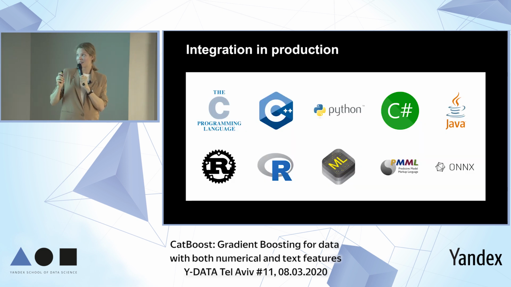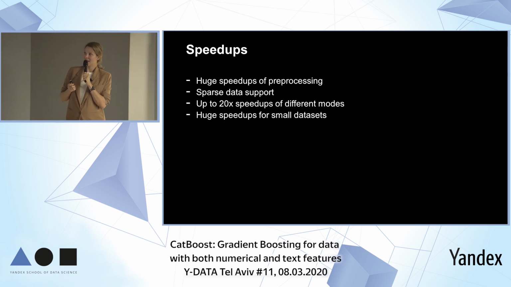We have implemented new languages for applying the model. I think we currently support everything that people ask from us to have the model in production. And we have done a long list of speedups in recent times.